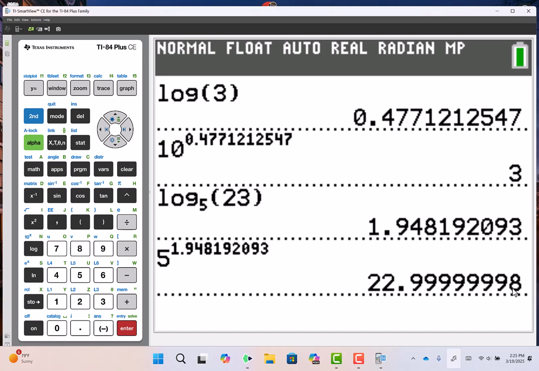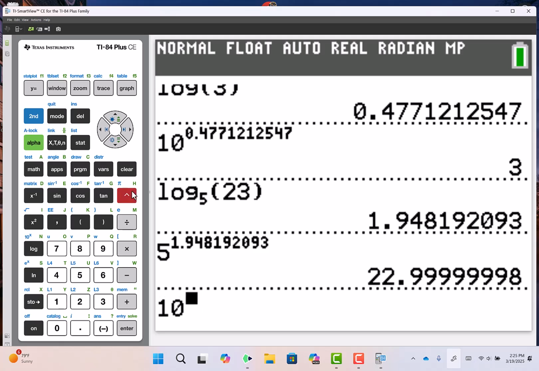So that's basically base 10 to the power of log 3. That's the same thing as that. If I put this, log 3, what do you think is going to happen?